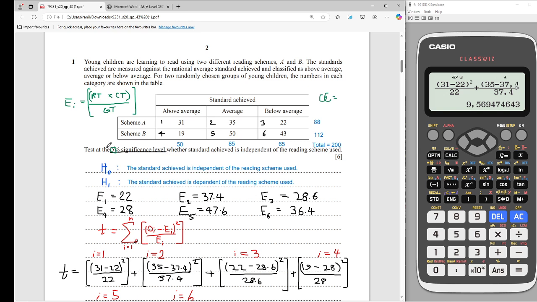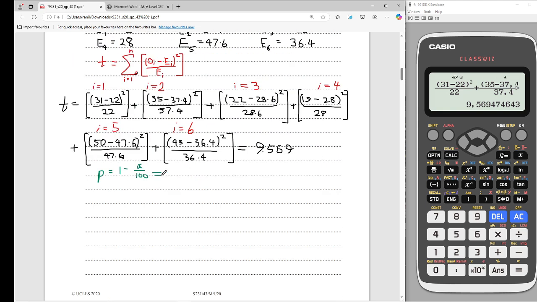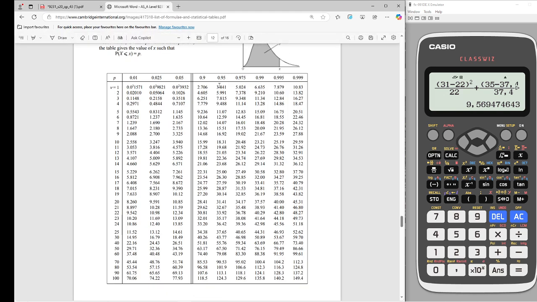If you want, we can consider the entire 5% and then we can modify our equation to 1 minus alpha, but just for easier purposes we can put alpha equals 5, and therefore p equals 0.95. Okay, so now that we found our column heading, we know that our critical value is somewhere here.